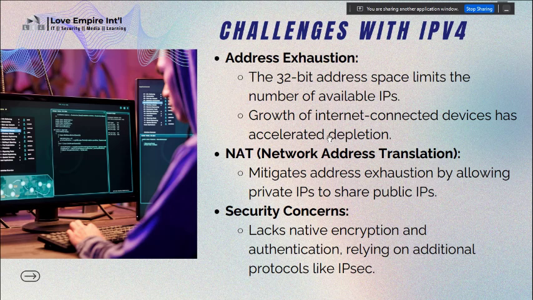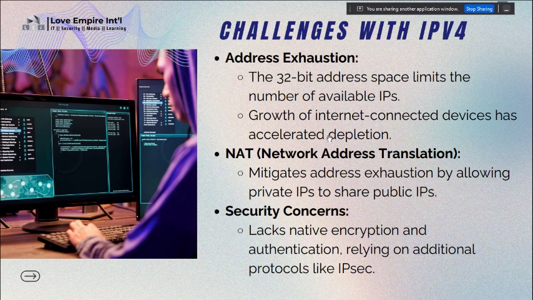Okay, so the 32-bit address space limits the number of available IPs. I know the internet is growing every day. Growth of internet-connected devices has accelerated. In fact, every day they are creating new computers, new phones, new devices, almost every day.